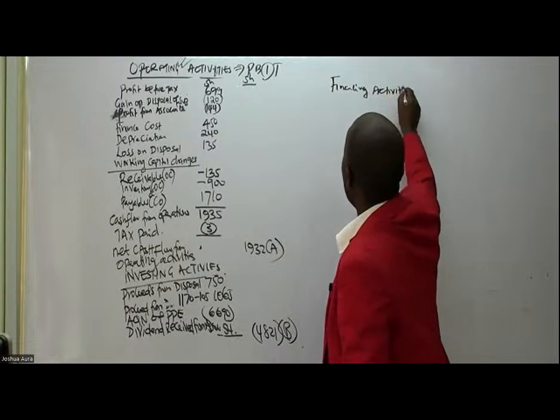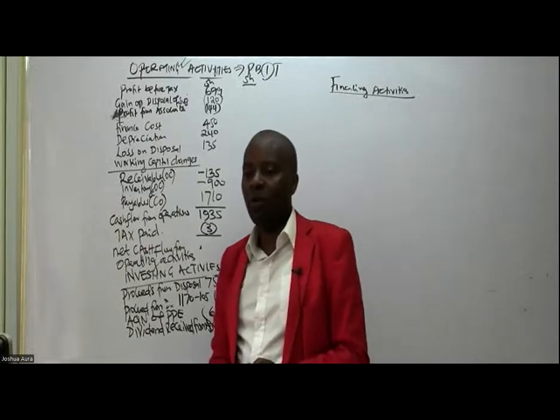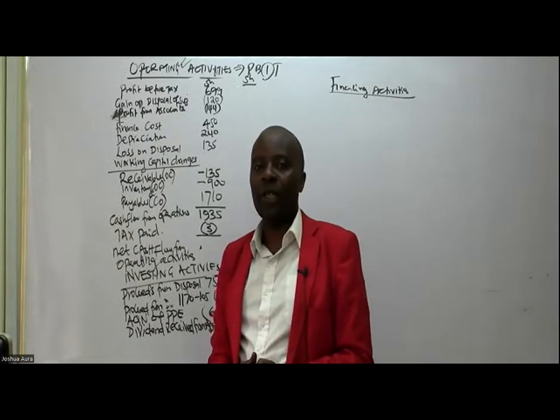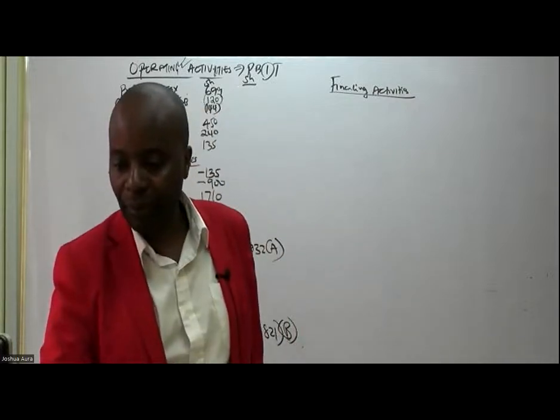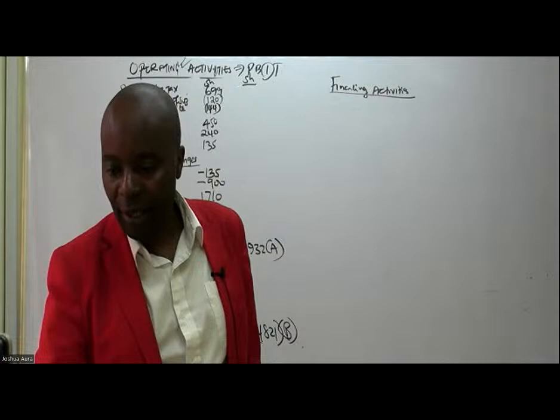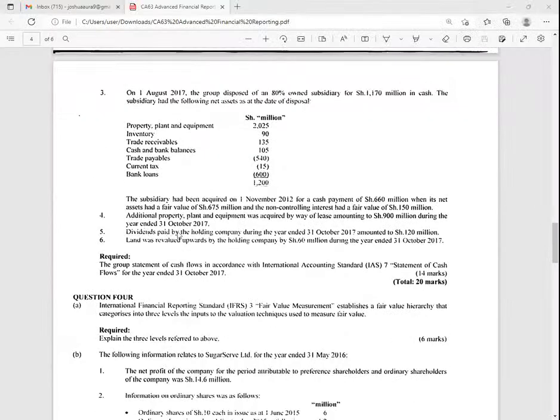Financing activities. So of course we have our financials, and we have dividends. We have here note number 5, dividends paid by the holding company during the year. This holding company is the head of the group.